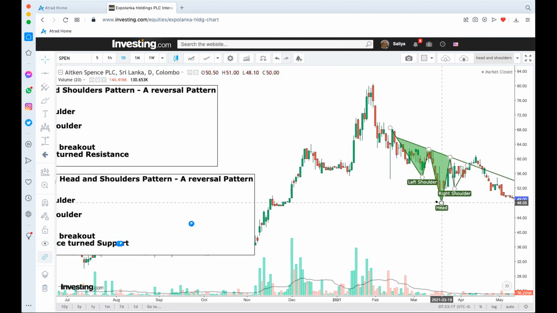As long as the head is making a lower low, with the higher lows on either side, that is what is important. And the other important area is the neckline, right?